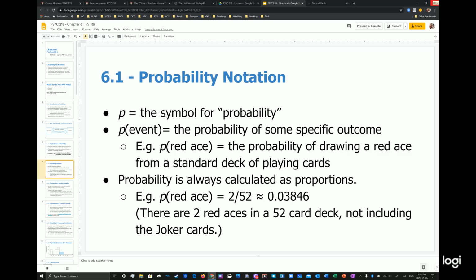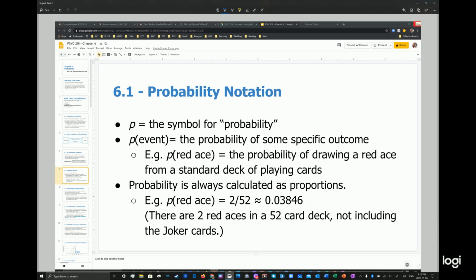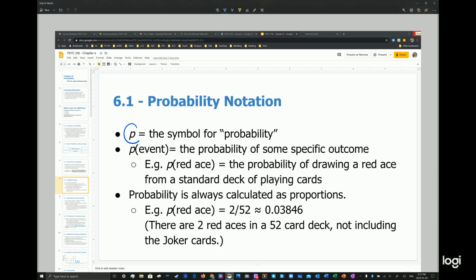In terms of probability notation, it's fairly simple. P for probability, and then you put the brackets, and then it's the event that you want. So, for example, if you're looking for the probability of drawing a red ace in a deck of cards, there are 52 cards in the deck without jokers, and there are 2 red aces, ace of hearts and ace of diamonds.